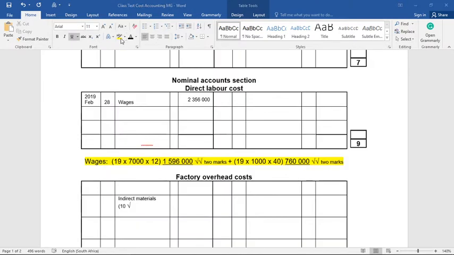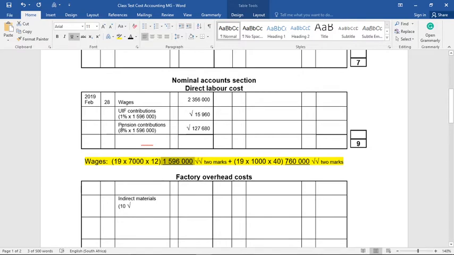That means that 8% of the 1,596,000, that figure refers to the basic. In other words, we're not going to include the overtime amount.